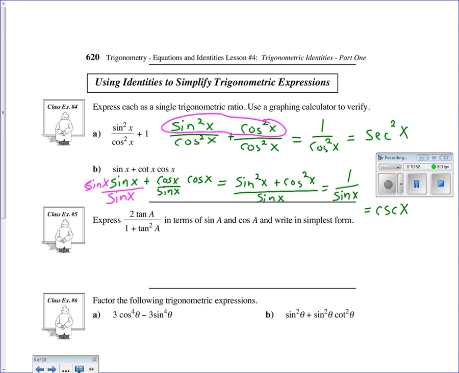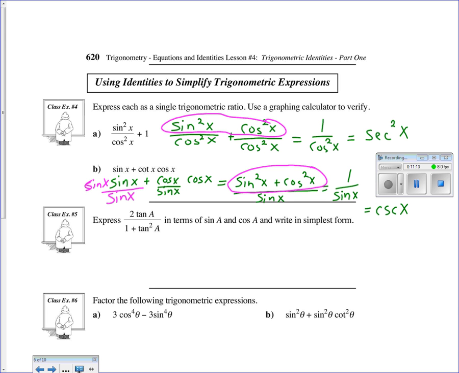So that's sine squared x plus cos squared x over sine x. Again, my numerator is 1. That's a fantastic result, and I get to replace my numerator with 1. My denominator is sine x. And I'm left with cosecant x in the denominator.